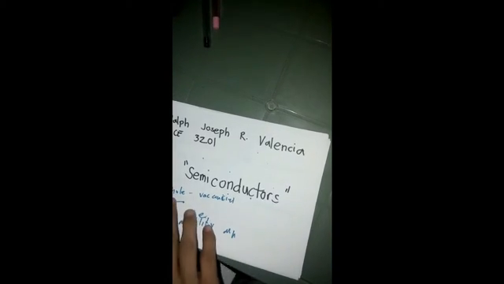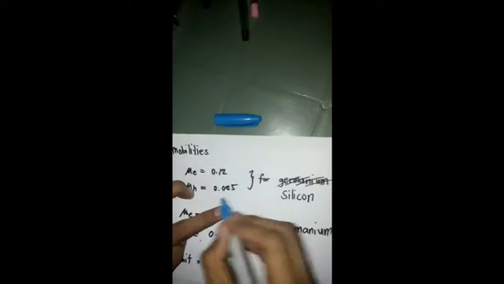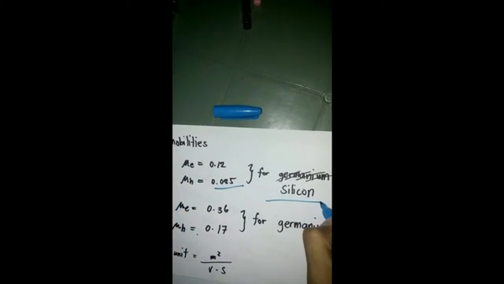For pure or intrinsic silicon, the electron and hole mobilities are 0.12 and 0.025, respectively.